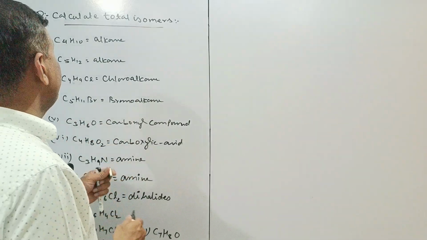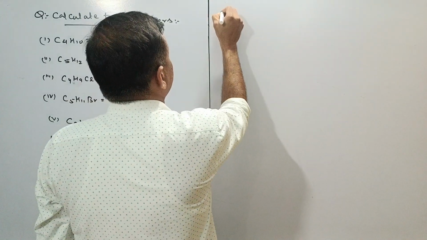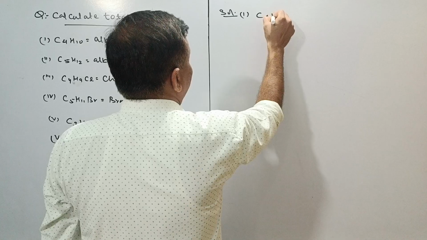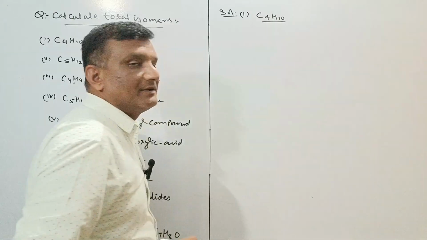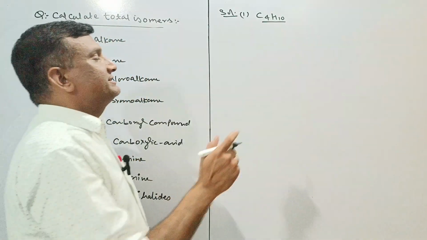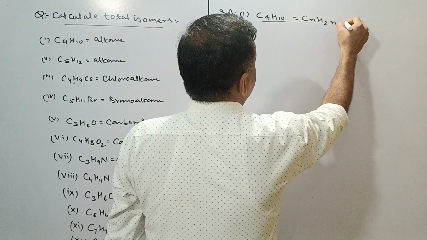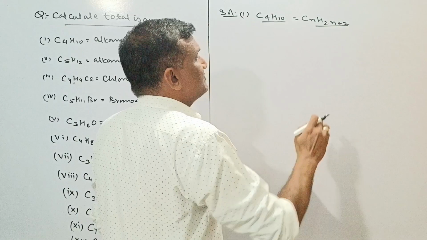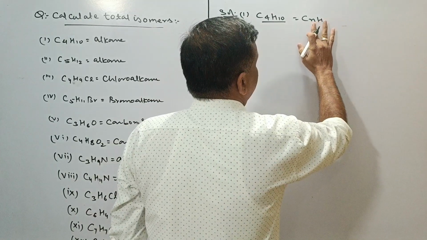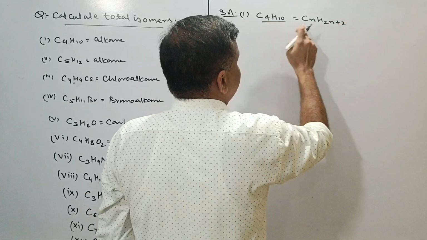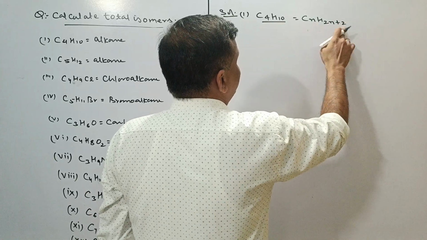So first of all we'll go with the first compound. This is the solution. This is C4H10. The general formula is CnH2n+2, where n is the number of carbon atoms. n is equal to 4, so 2n+2 is 8+2, that is 10.